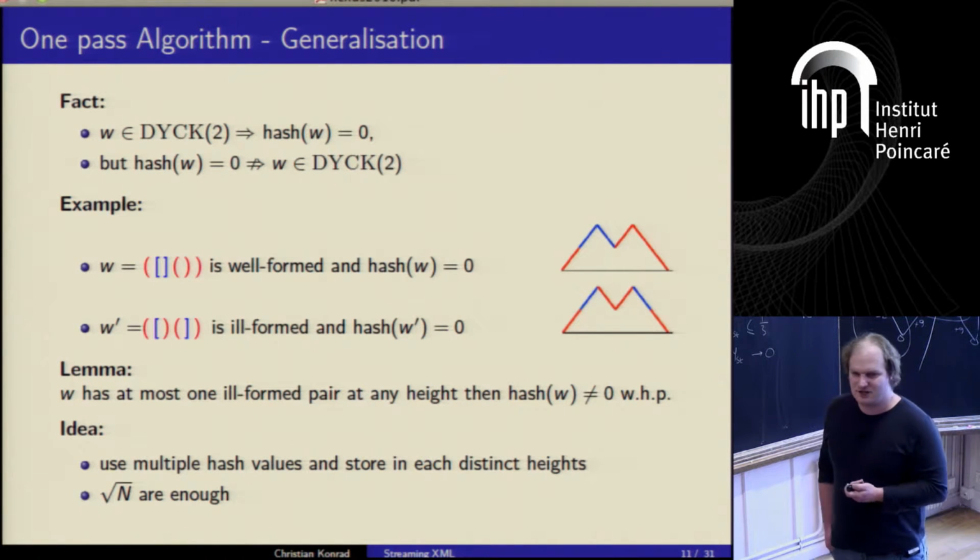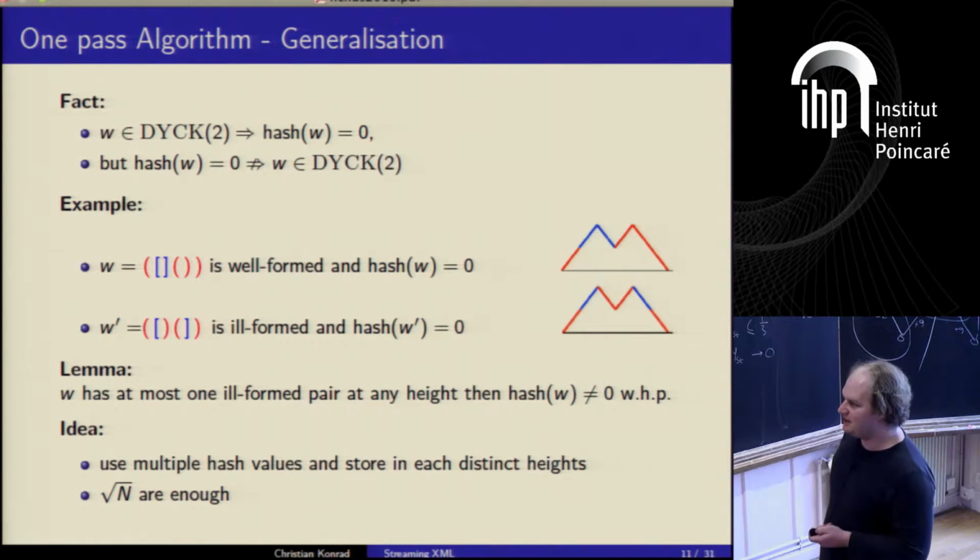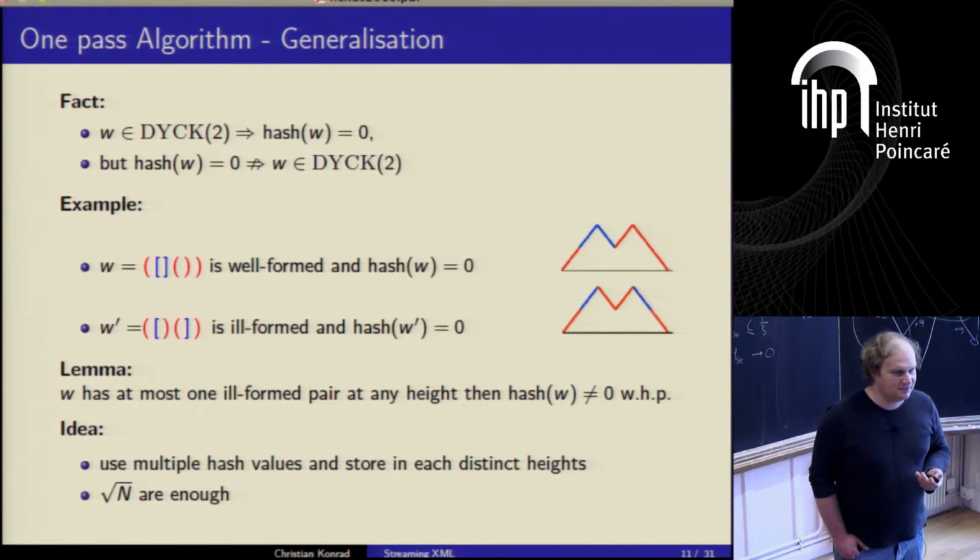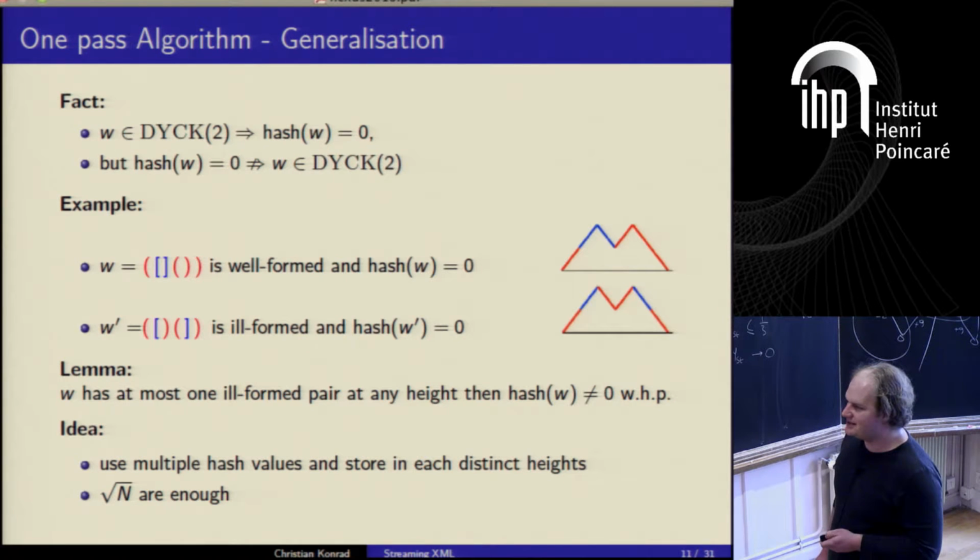Still, the hash value would also be 0, because it doesn't really affect the order. In fact, what you can see is that if we have at most two parentheses at the same level, like such a pair here, the blue and the red one would be at the same level.